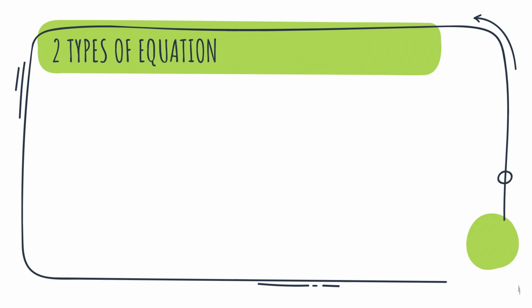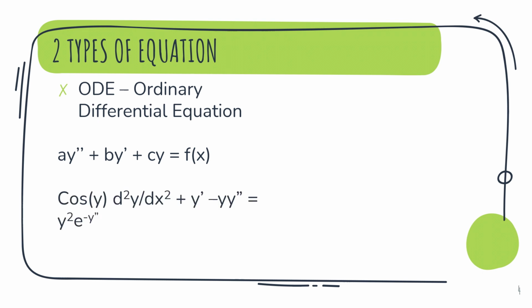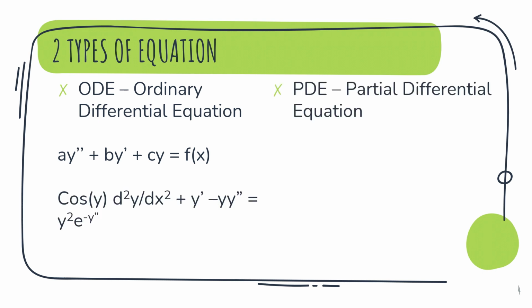Next is the two types of equation. First is the ODE or ordinary differential equation. Basically, ganito lang siya. Purely wala siyang symbol na partial derivative, which yun ang pangalawa nating form ng equation. Ito, partial differential equation. May symbol siya na parang 6 na pabaliktad.